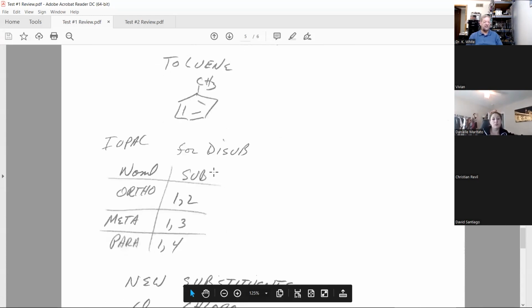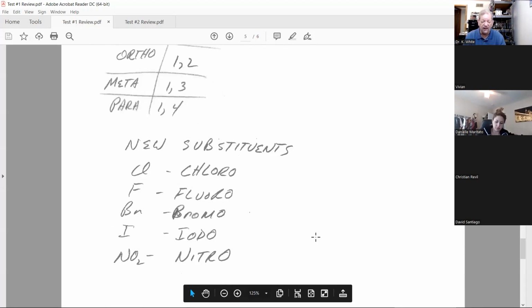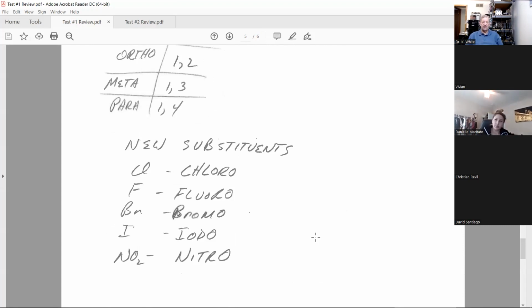Now, when you have disubstituted, I taught you to use the words ortho, meta, and para. Ortho is 1,2 disubstituted, meta is 1,3, para is 1,4 disubstituted. I taught you some more substituents. When you have a halogen chlorine, it's called a chloro group.